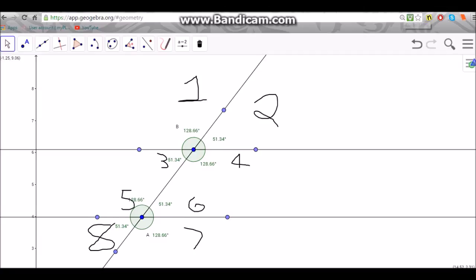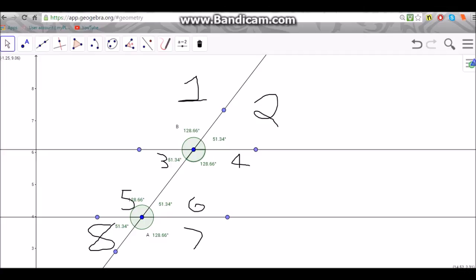Next is corresponding angles. Corresponding angles are one of the most basic relationships that parallel lines and transversals create. It's where you have two angles that have the same measure that are in corresponding places, like 1 and 5, 3 and 8, 4 and 7, and 2 and 6.